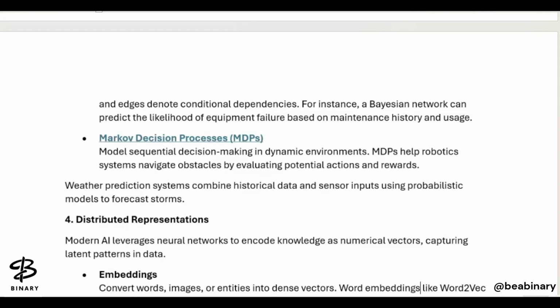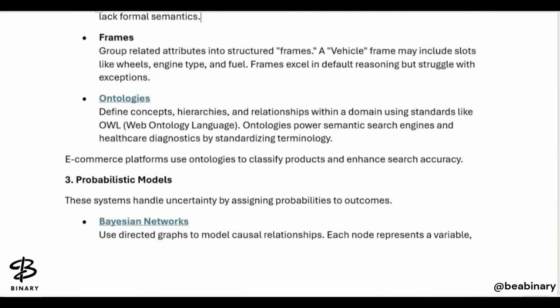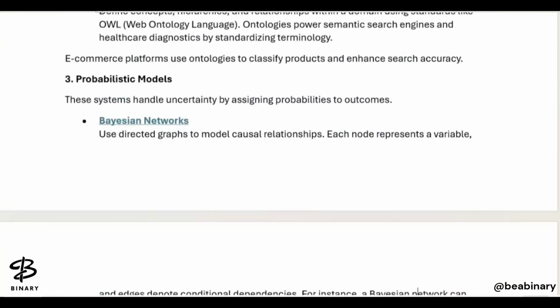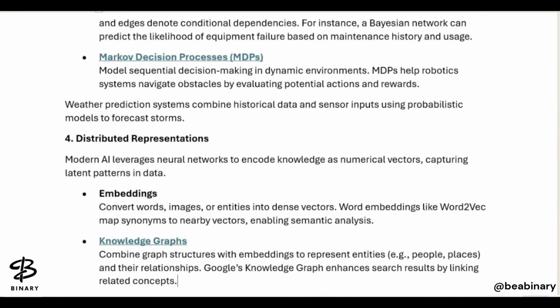So here we had talked about the structural representation, right? We have talked about the Bayesian network here. Another kind of probabilistic model we are going to talk about is the Markov decision process. It is another probabilistic model which models sequential decision making in dynamic environments, when the data is going to change.